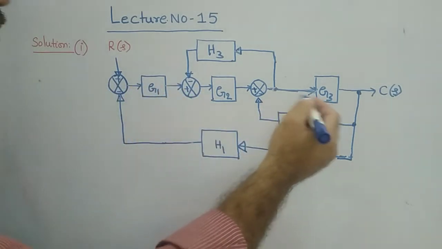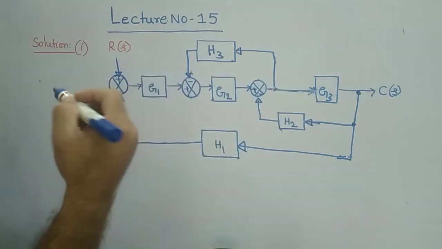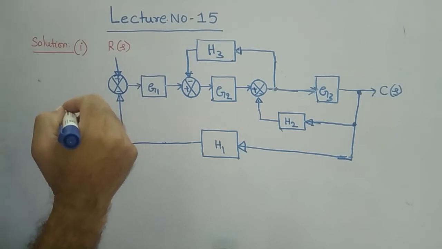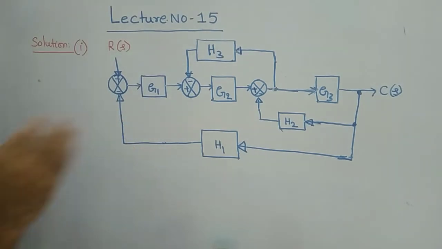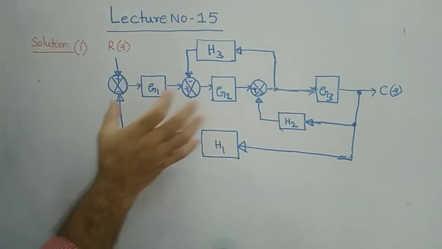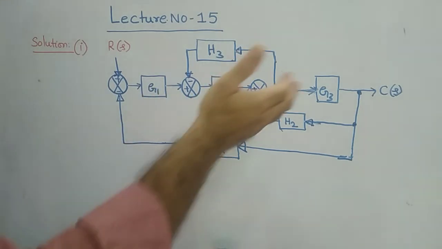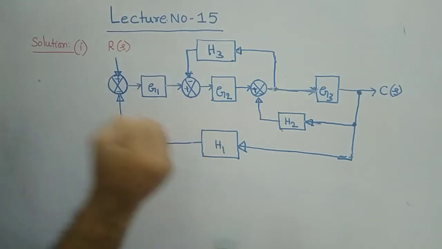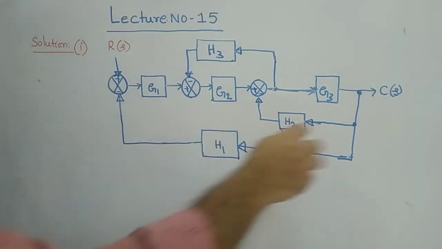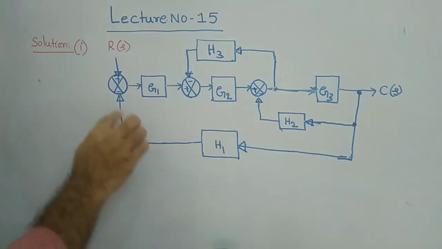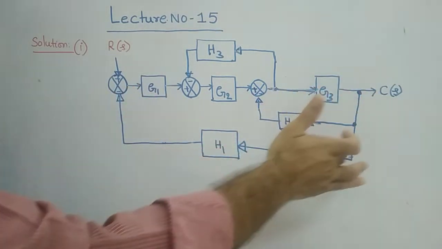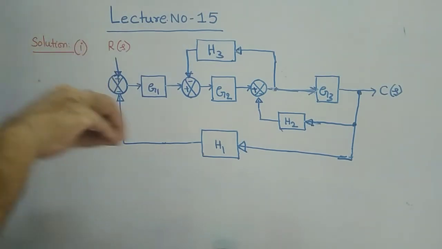As I have explained in our earlier sessions, if you remember, we have to see what are the feedback loops available in the block diagram. So here this is one feedback loop, this is the external loop. Then what are the interior loops?